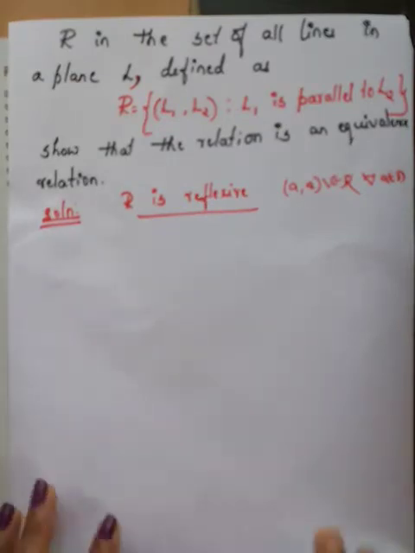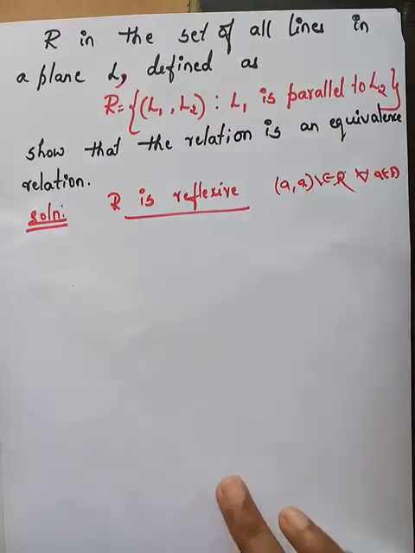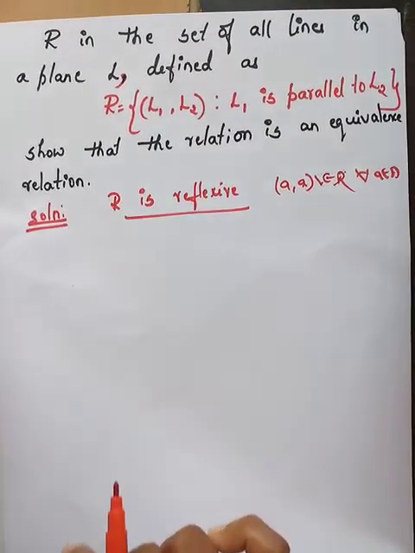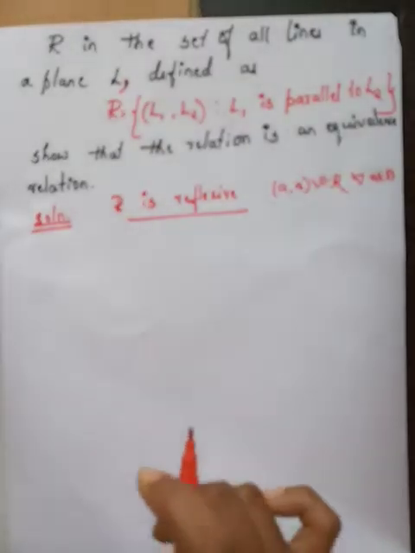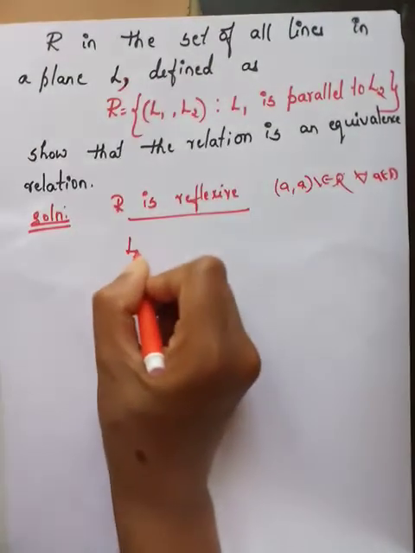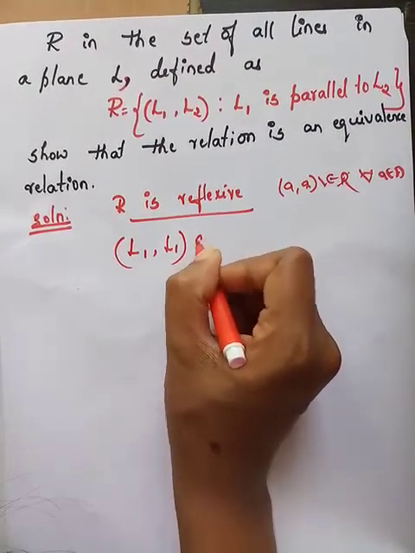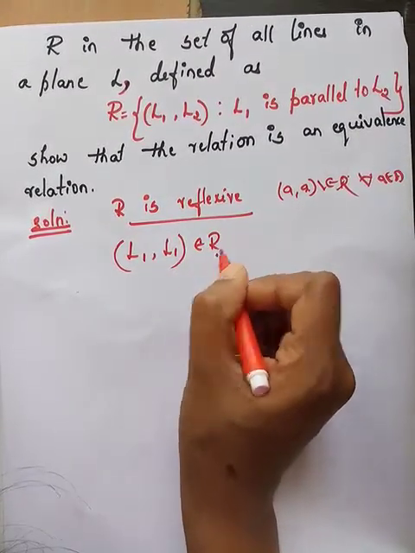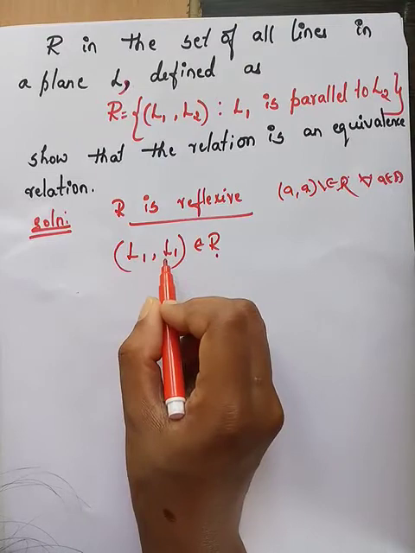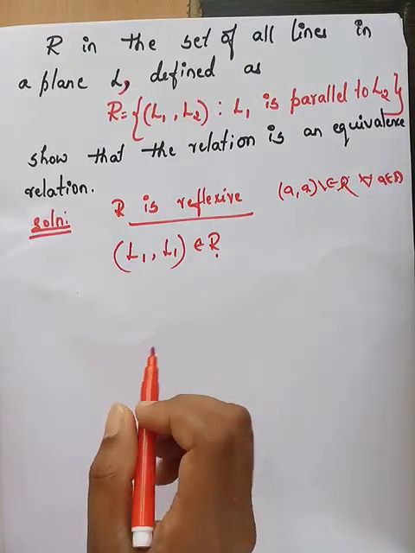That is the meaning of reflexivity. Here we take one line L1. We have to show that the ordered pair (L1, L1) is in R. In order to belong to R, L1 should be parallel to L1.